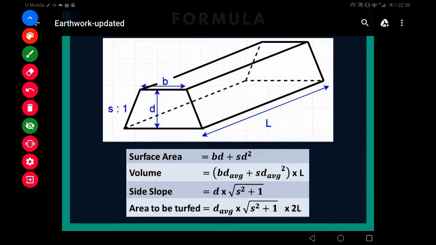Okay, so for the other side, D1, D2, D3 and D4.